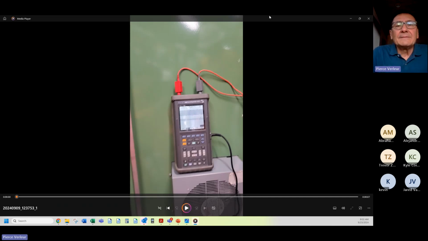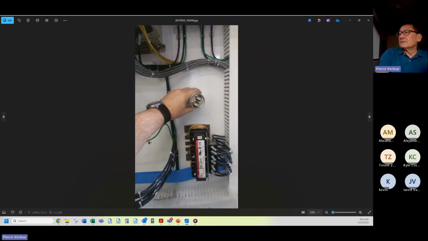But what we had on the output of this drive was a standard PCI EVDT filter, which is a reactor with phase-to-phase capacitance. This is a capacitor that is associated with this filter. It's held in there because we removed it.